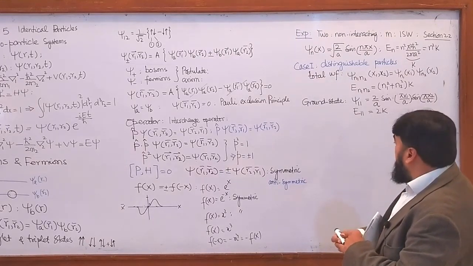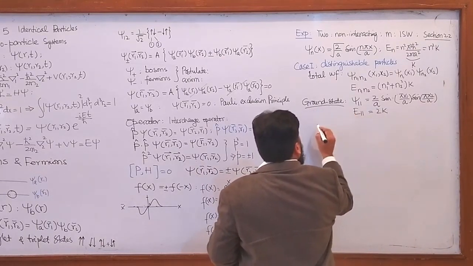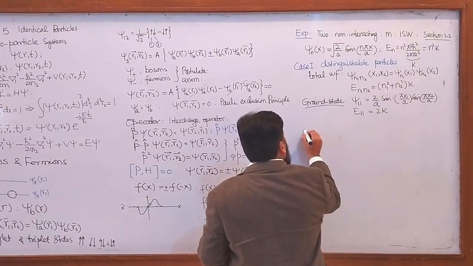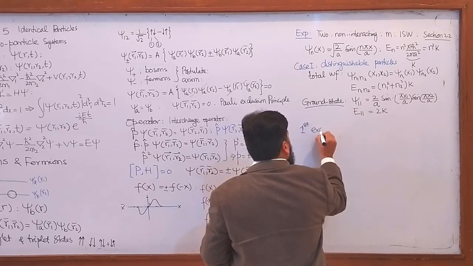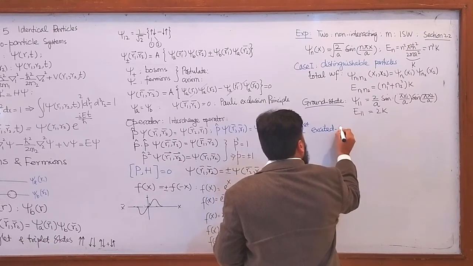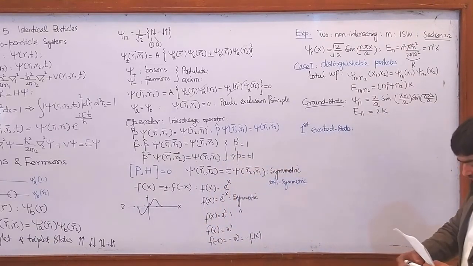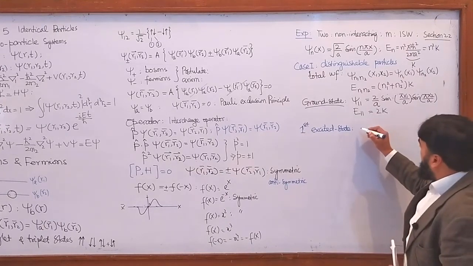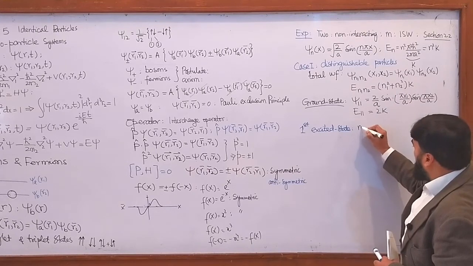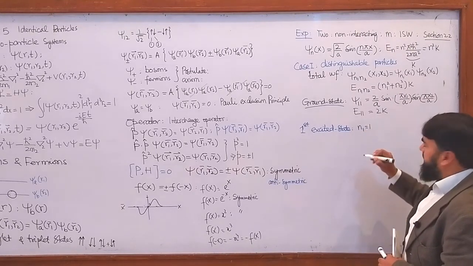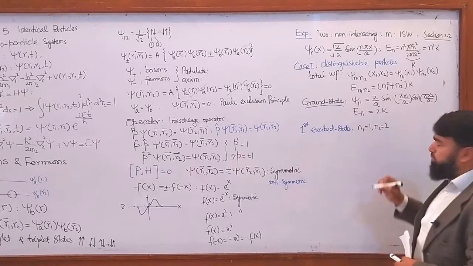Now the first excited state. This is the ground state, and now the first excited state is when n1 is equal to 1 and n2 is equal to 2.